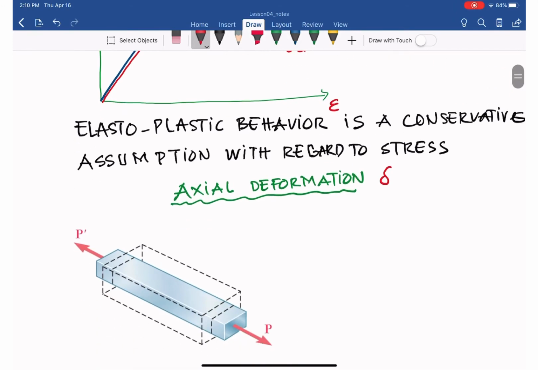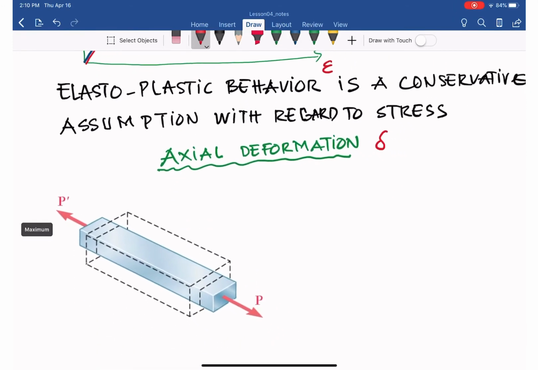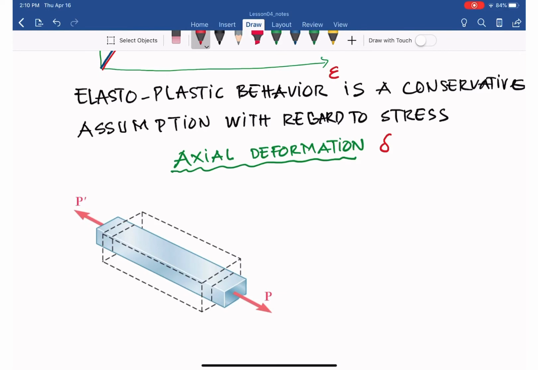Let's see an axial member here. The original member is the dashed black line. Now if we have a force P applied on that member, the member increases in length.